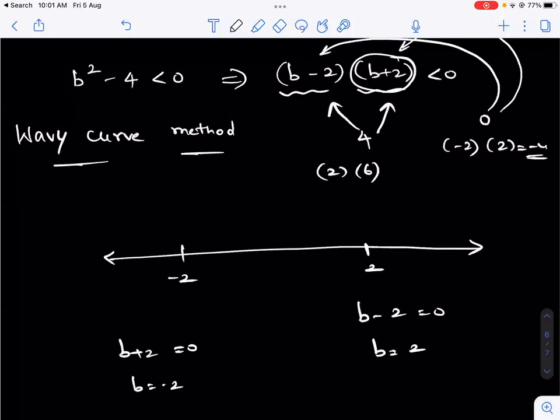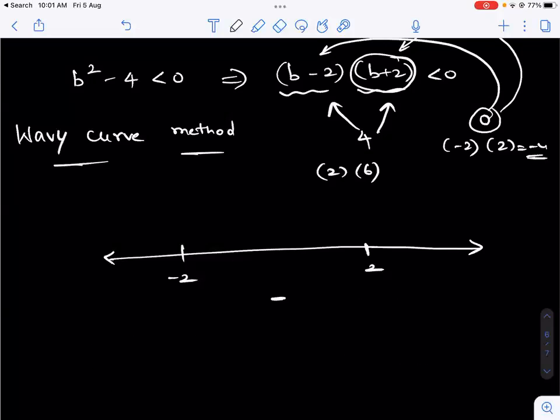So minus 2, I am setting as a checkpoint. Is that clear? Between minus 2 and 2, you substitute any value and see if the product of b minus 2 and b plus 2 comes out negative or positive. I substituted 0 between minus 2 and plus 2, and it came out negative, so I'll put the negative sign below. Is that clear till this step?